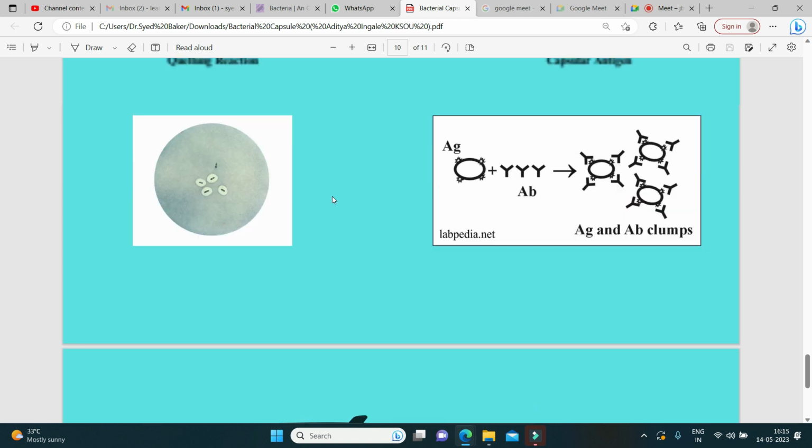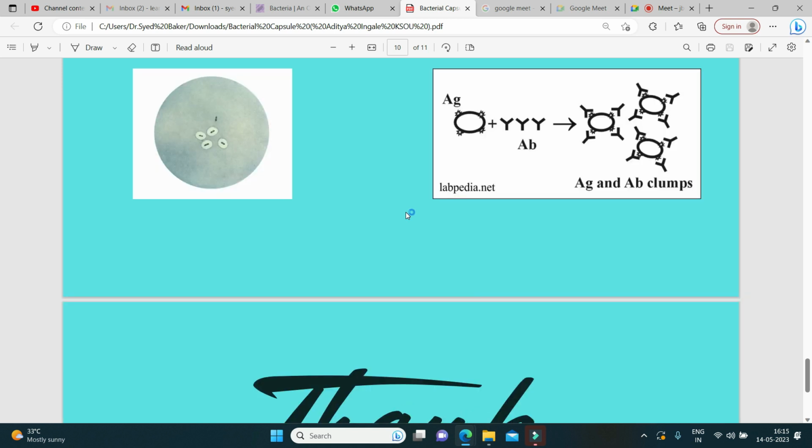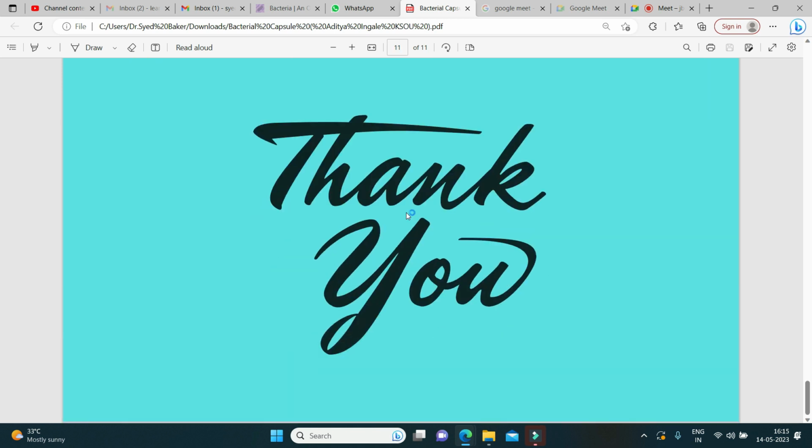Latex-coated antibodies are tested against the bacterial capsule antigen, and then we find the agglutination reaction, which helps us identify which bacterial capsule it is. Examples of these are pneumococcus, meningococcus, and some fungi like cryptococcus. Up till now, this was all about bacterial capsules.